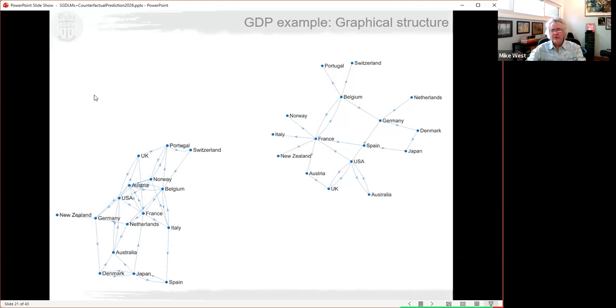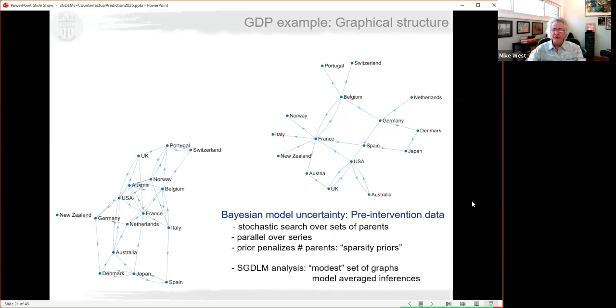So how do we address that? Well, we do a little bit of Bayesian analysis. In the pre-intervention data, you can look at lots of possible graphs. And it's nice in an SGDLM because here in this example, we've got 16 linear regressions, and you can look at them each individually. Dynamic linear regressions, dynamic linear models. And you can search in various ways over possible graphs, and stochastic search of various kinds can play in.